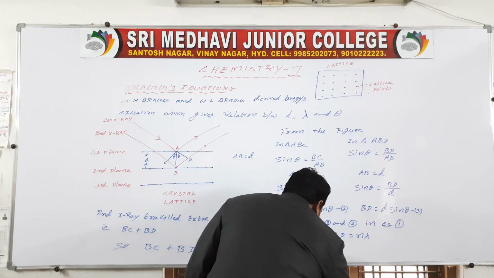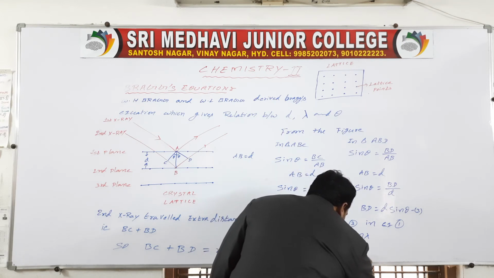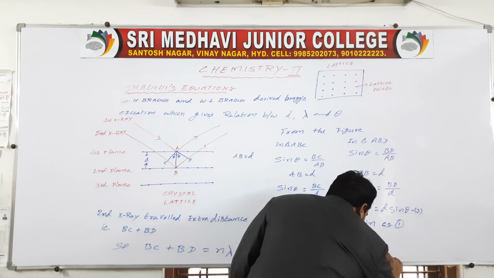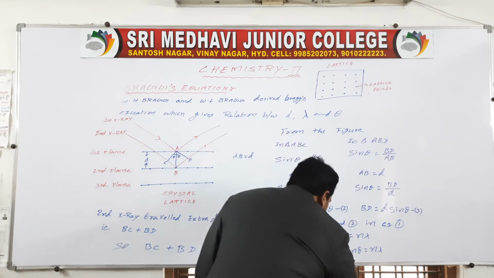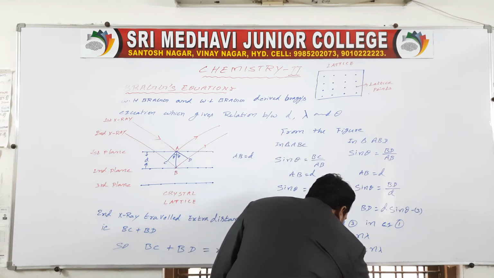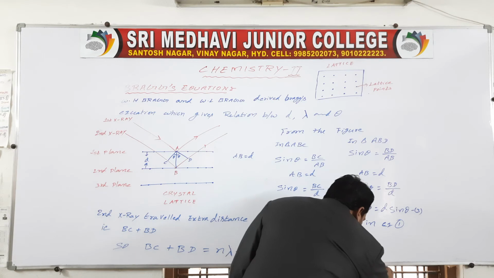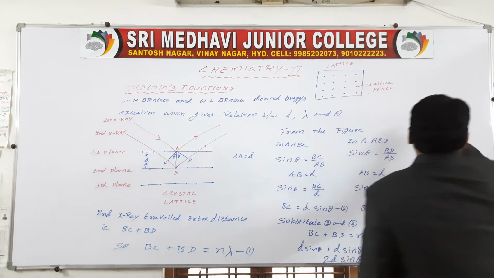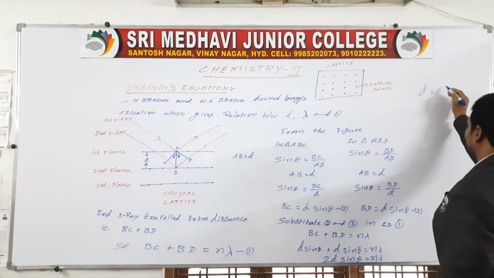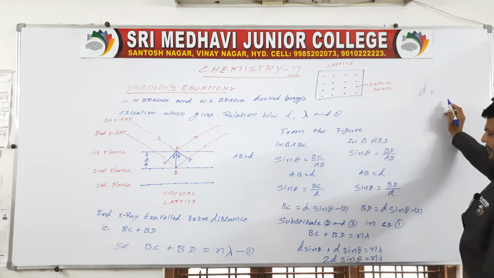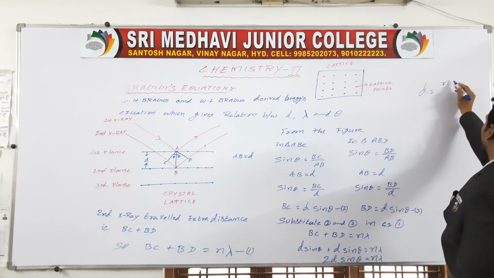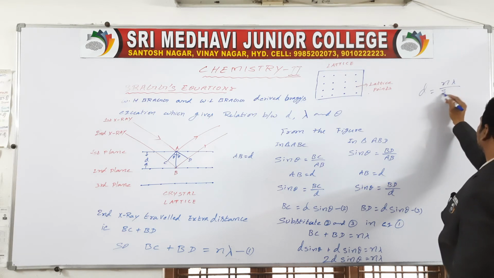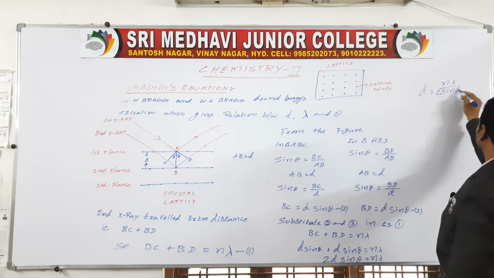D sin theta plus D sin theta equals n lambda. Then it is 2d sin theta equals n lambda. Then d equals n lambda by 2 sin theta.